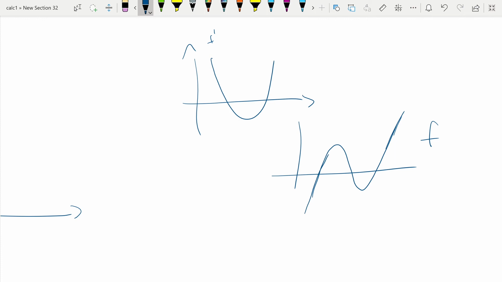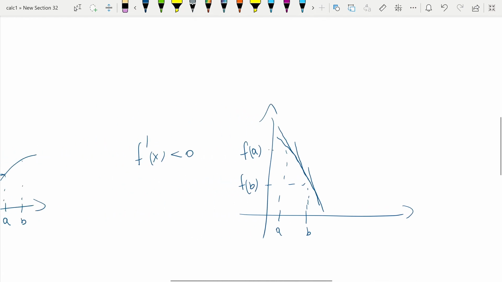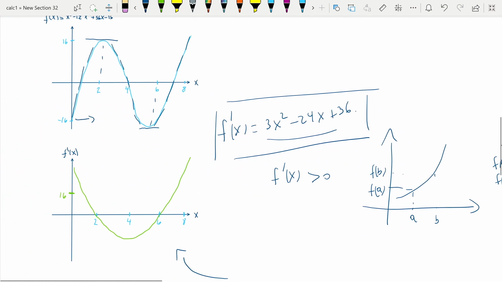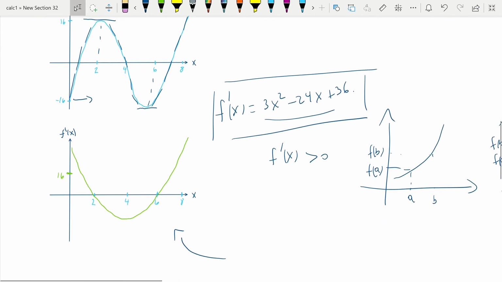This is something that we'll ask you to do or to recognize for the first midterm, and this is something I'm telling you now. So I would go over this example given in page 137 and try to pay attention to what I've just said.